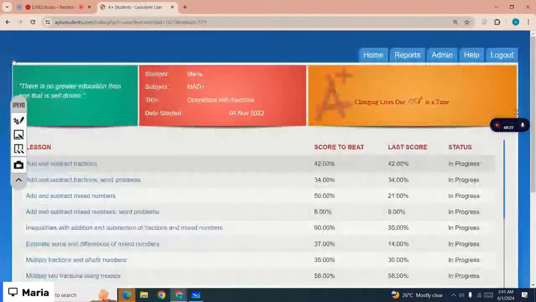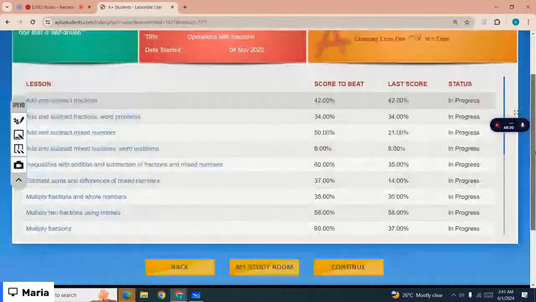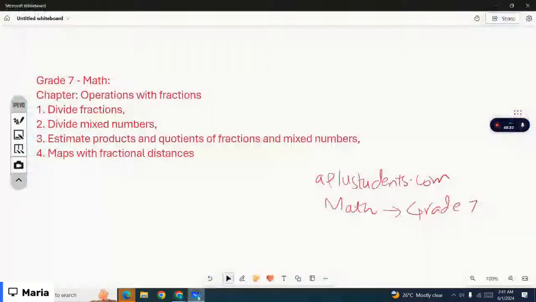The lesson we are working on is operation with fractions, and the lessons we have covered today are divide fractions, divide mixed numbers, estimate products and quotients of fractions and mixed numbers, and the one we just finished is maps with fractional distances, right? So please make sure before the next session you can complete all the practice questions for the lessons we did today.